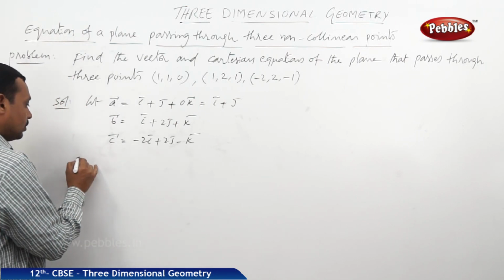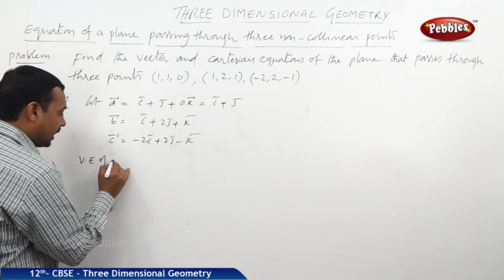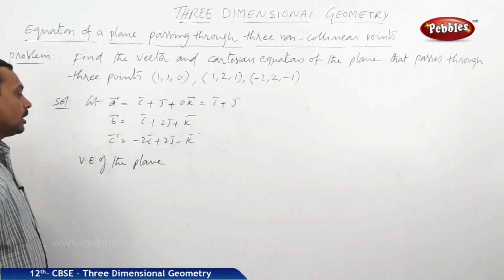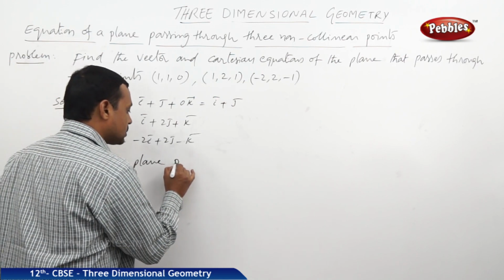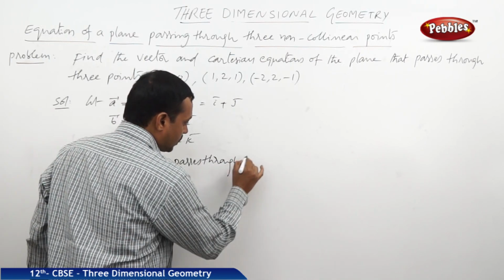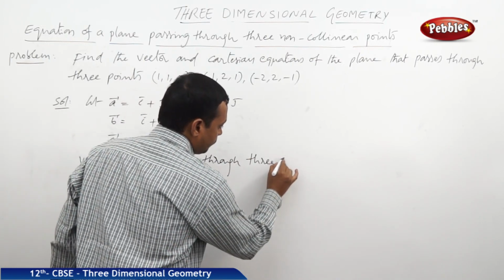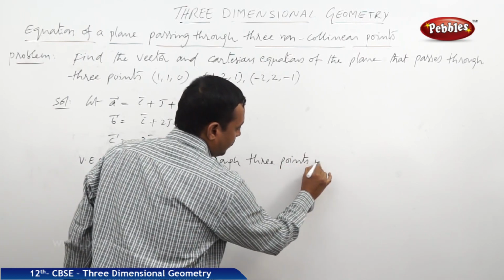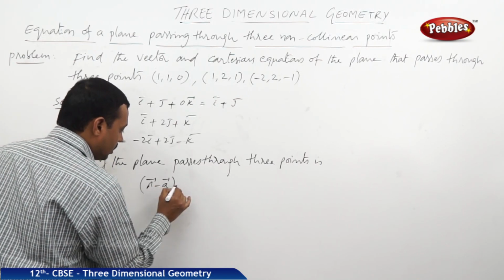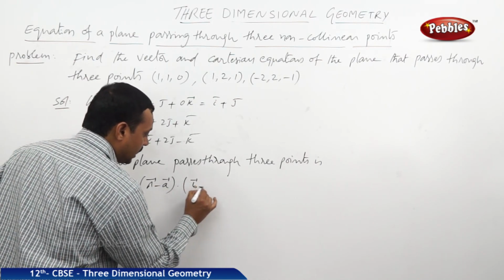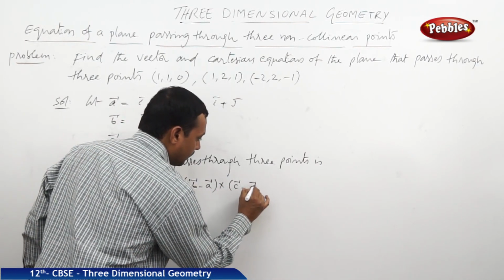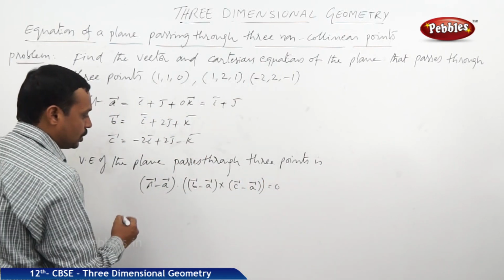Okay, now the vector equation of the plane passing through three points is R minus A dot B minus A cross C minus A is equal to 0.